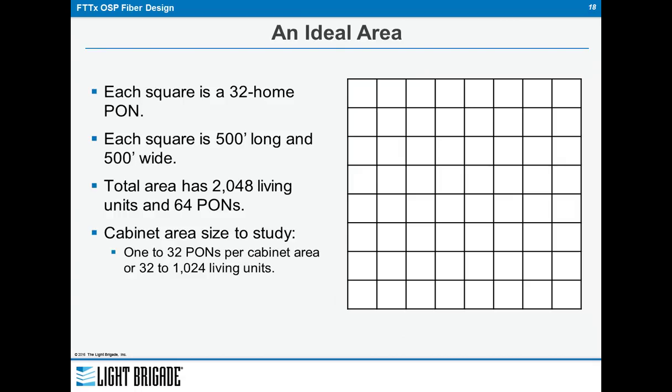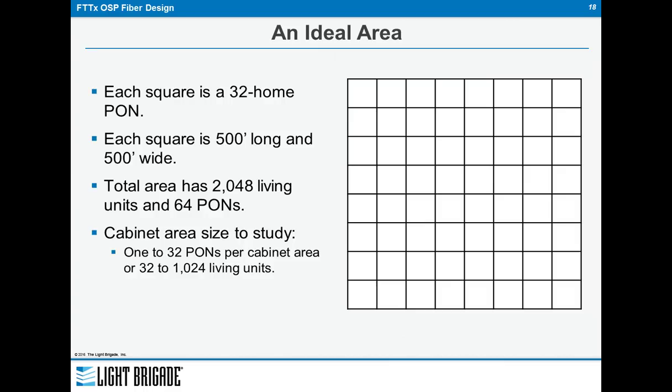So this idealized planning model has been around for many years. Take a perfect world. Each street is even, 500 feet long, 500 feet wide. Our density is consistent, 32 homes in each little box. We call it a pond. So in this area, we have 2,048 units. It's going to take 64 1x32 splitters to support it.